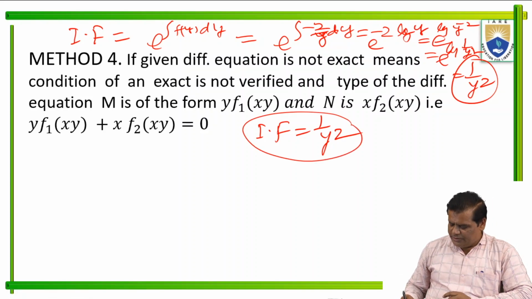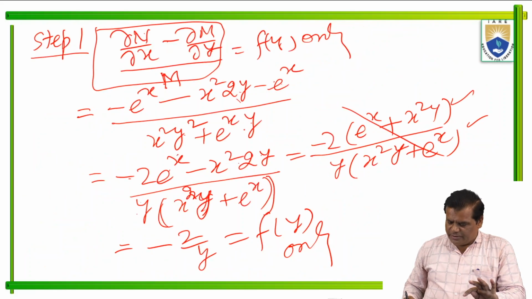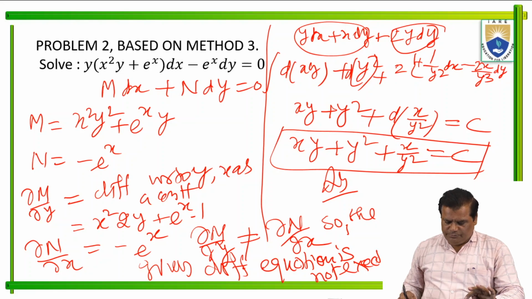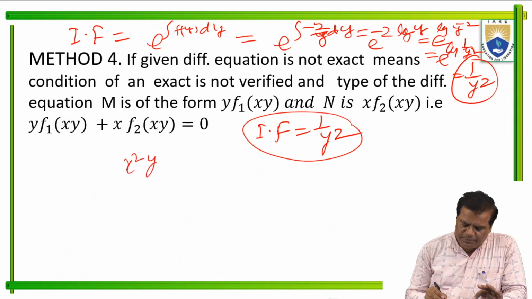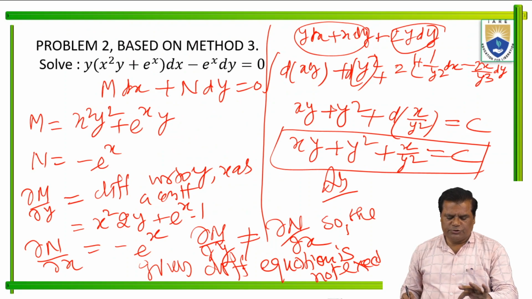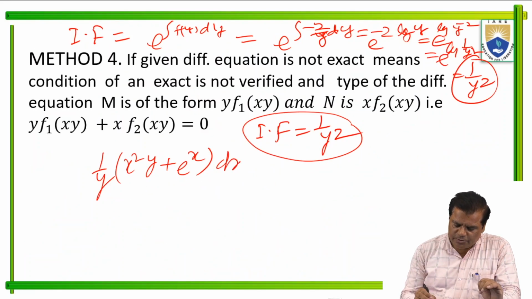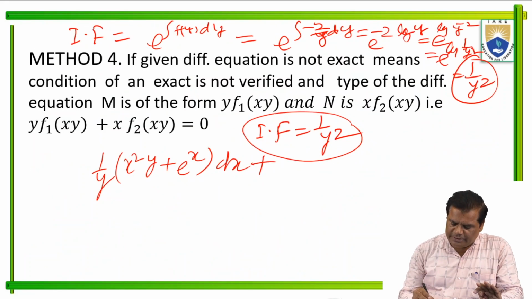Now multiply by this factor in each term of the equation. The integrating factor is 1 upon y square, so multiply 1 upon y square here. 1 upon y square times x square y plus e to the power x, y cancels here, and dx, plus minus e to the power x upon y square dy equal to 0.